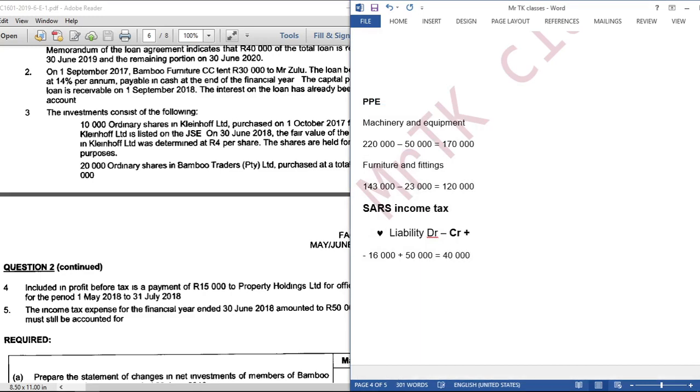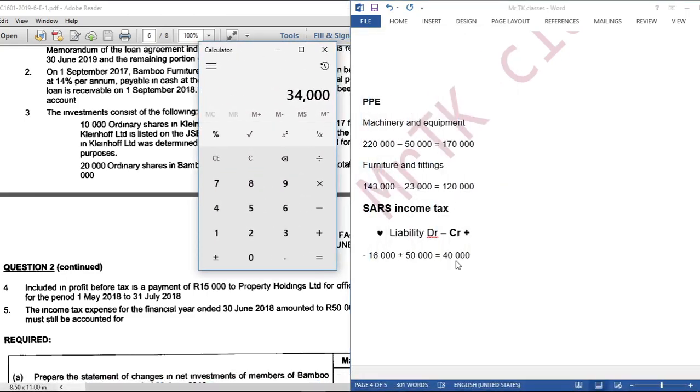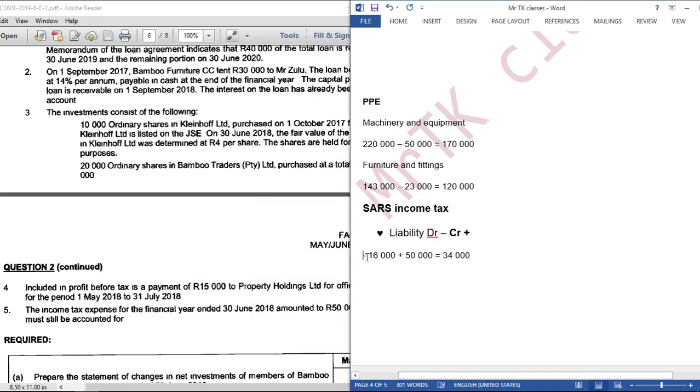What did we get again? 34,000, sorry. When we started we had a tax refund, SARS was owing us, but now at the end of the year we take into consideration the tax liability for the year, which is 50,000. It will swallow this refund, and we end up with a liability of 34,000.